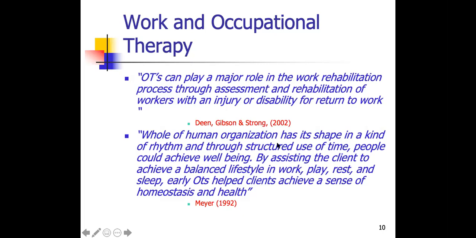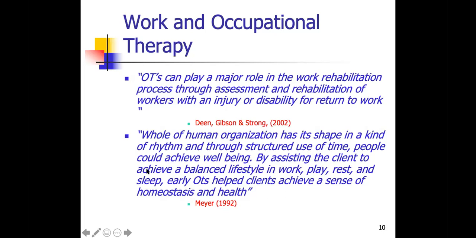Whole of human organization has its shape in a kind of rhythm, and through structured use of time, people could achieve well-being. By assisting the client to achieve a balanced lifestyle in work, play, rest, and sleep as early as possible, OTs can help clients achieve a sense of homeostasis and health.